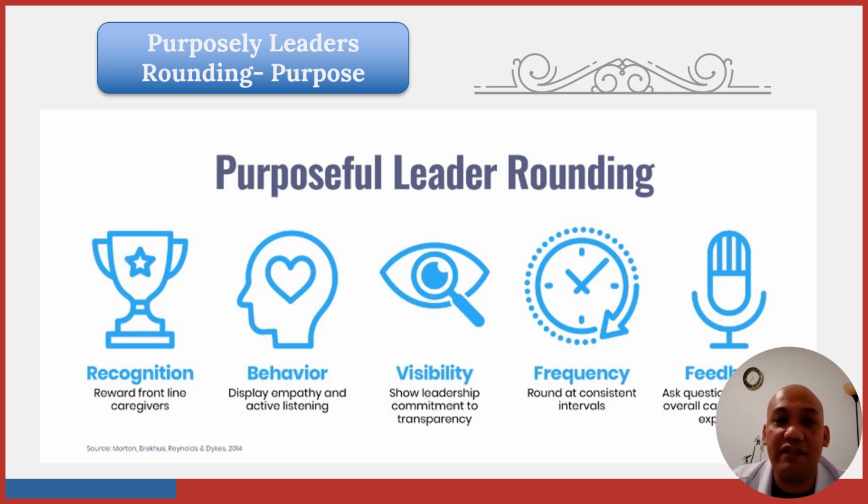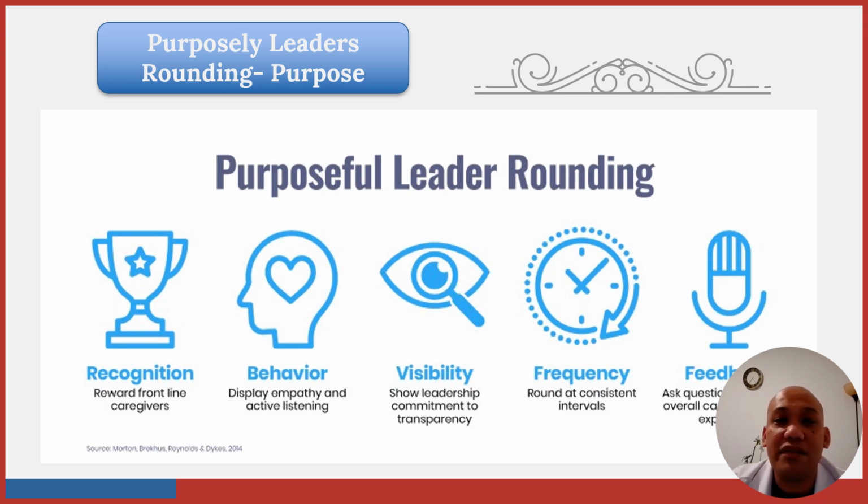Second is behavior. Display empathy and active listening. Sometimes they have a lot of things happening in their life and they need someone to talk to. Three is visibility. So leadership should have visibility among the patient and staff nurses, because during the HCAHPS surveys or the patient satisfaction surveys, they're asking if the leaders are doing their rounds.